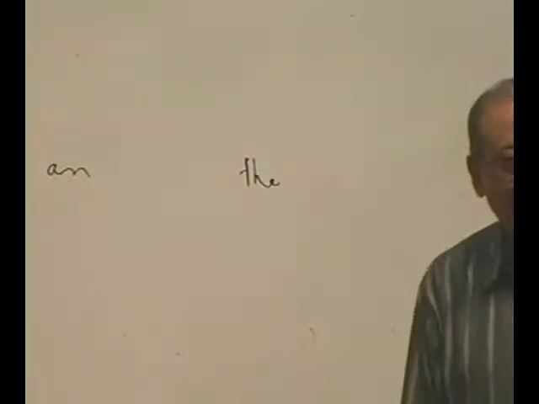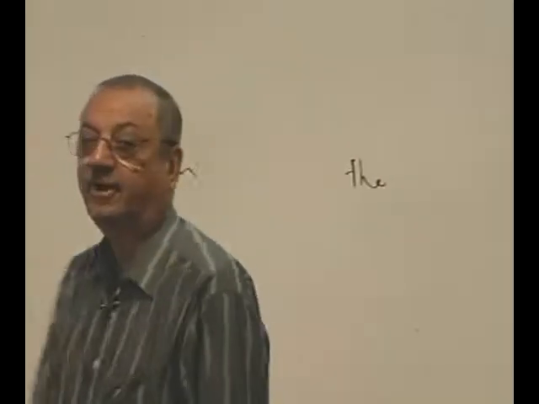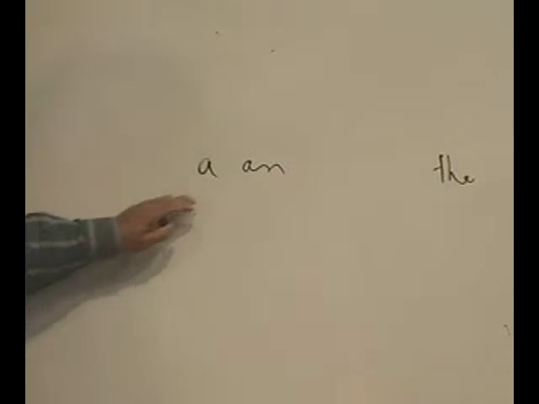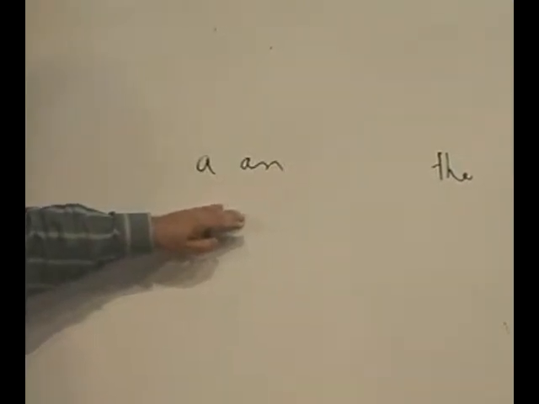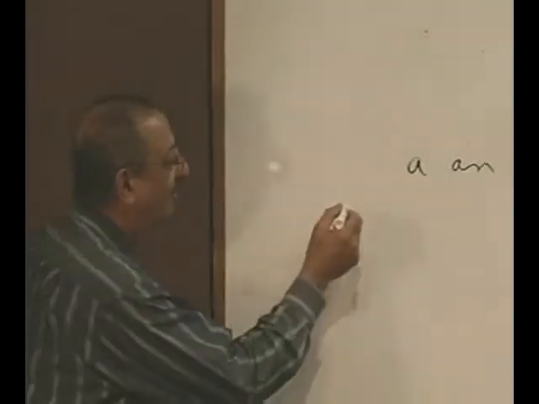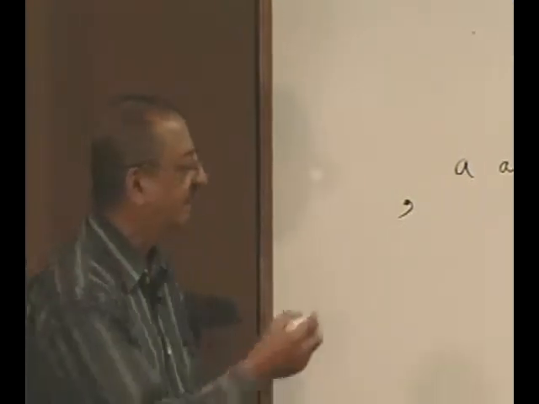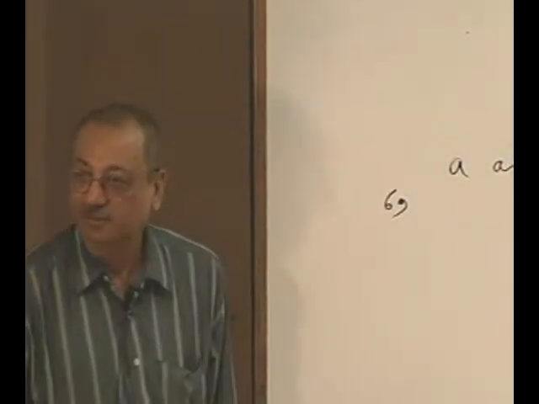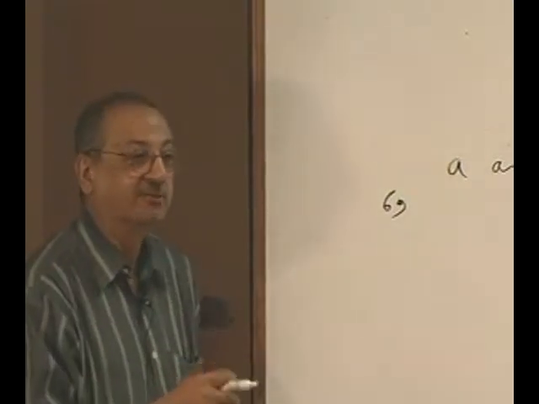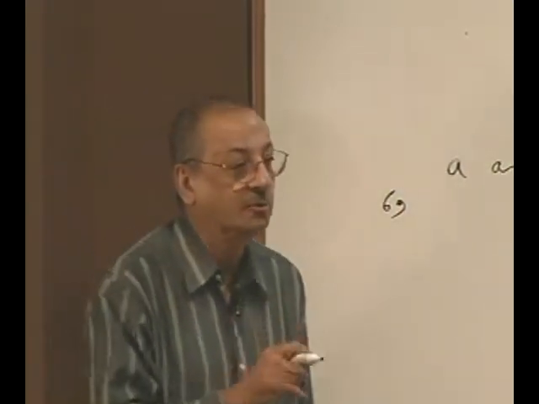Now, in order to define an indefinite noun in Arabic, we do not have anything similar to this. But at the end of the noun, we put a double vowel sign. Are you with me? If the noun ends with a dhamma, then we put two dhammas. If the noun ends with a fatha, then we'll put two fathas.